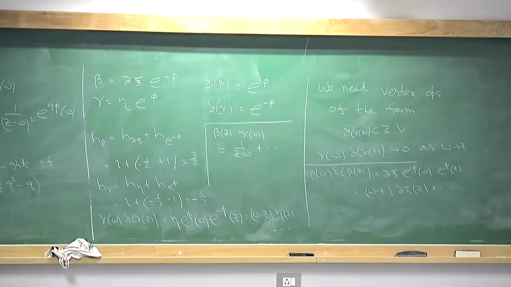And then you have to do the del xi. That will give you a minus 1 over Z minus W squared, the derivative with respect to Z. And then that will give a minus of Z minus W, because the e to the minus phi, e to the phi OPE will give a Z minus W. So you'll get a 1 over Z minus W.